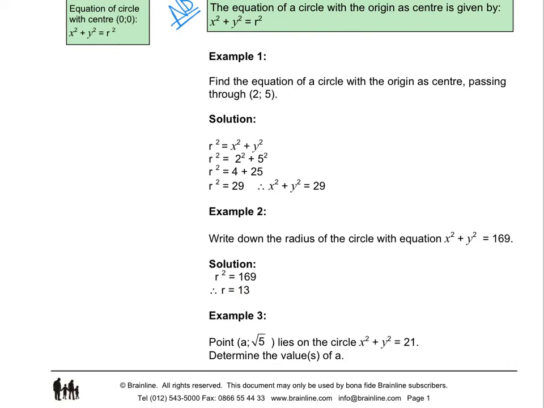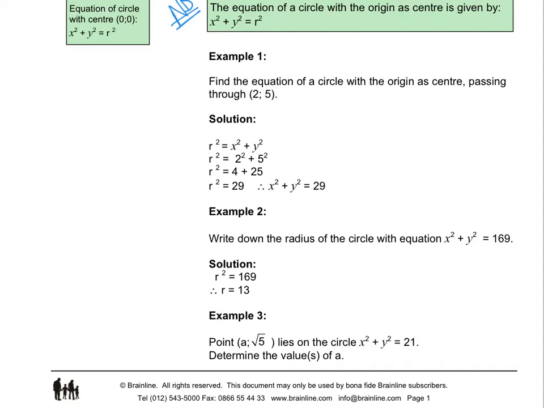If I then square root both sides to get rid of the square and to get r alone, I will have the square root of 169, which is 13, because 13 times 13 gives me 169. Remember, we only use the positive solution because a length is always positive. So the negative 13 in this case will not be applicable.